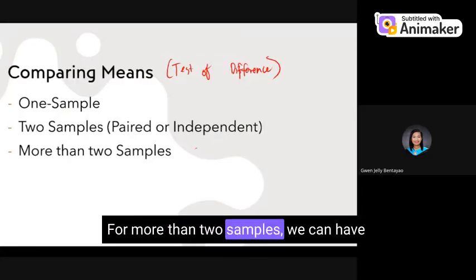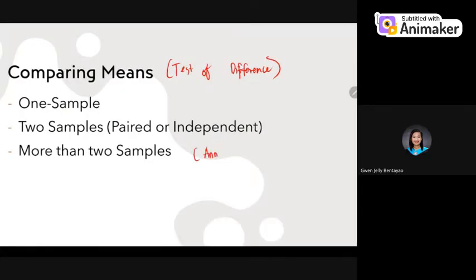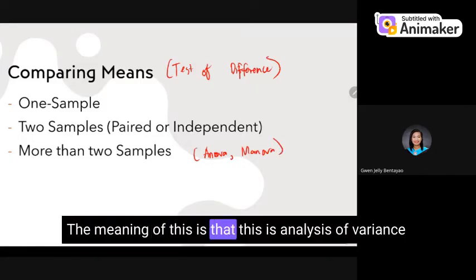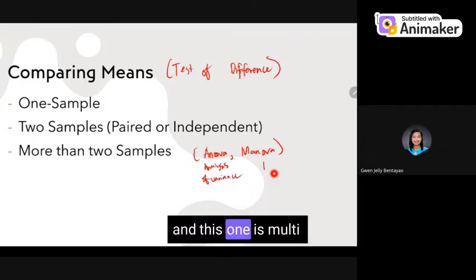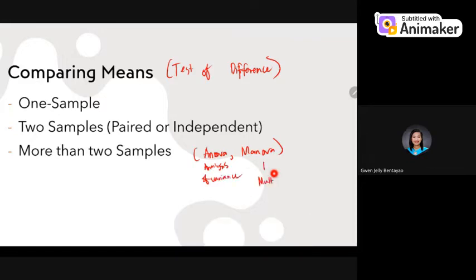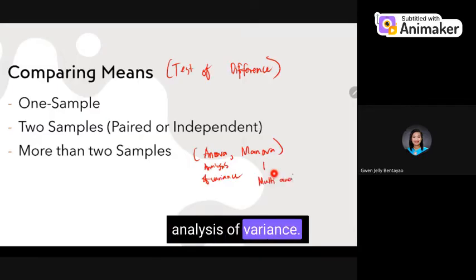For more than two samples, we can have ANOVA or MANOVA. The meaning of this is that this is analysis of variance, and this one is multi-analysis of variance.